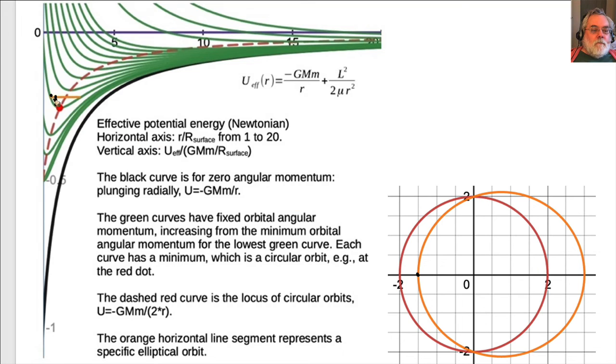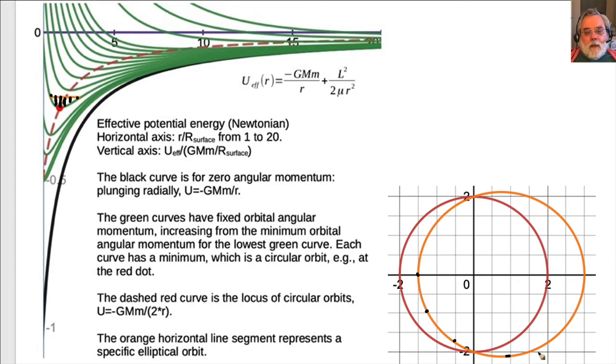As we go from left to right, and we look at the radial kinetic energy, that corresponds to going here. The radial kinetic energy is 0 because it's at a minimum. But here there is some radial kinetic energy, and here we're going outward.